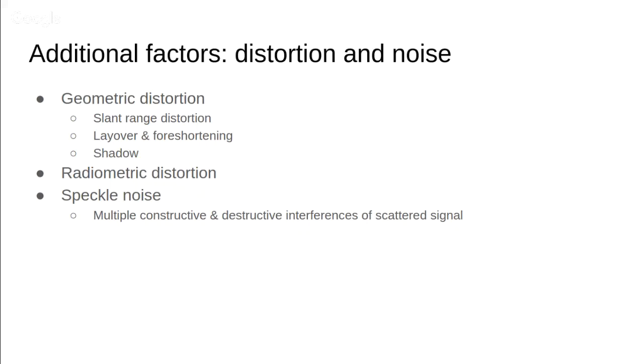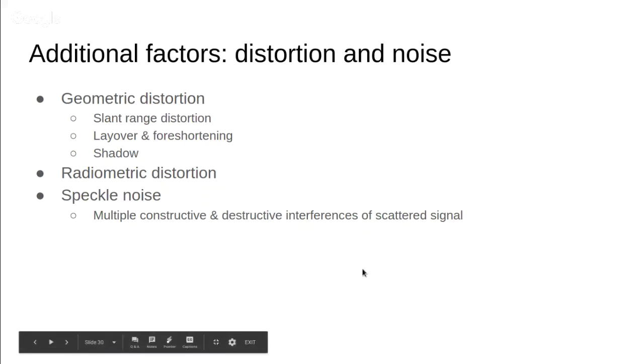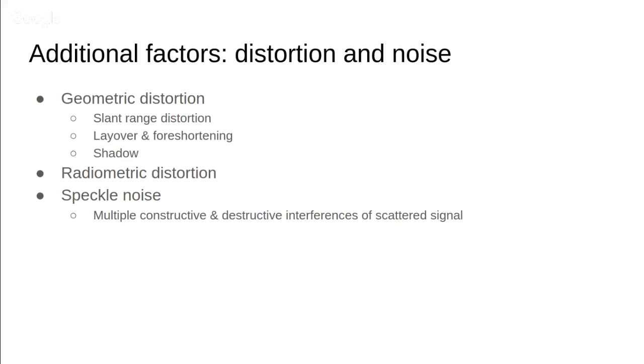Additional factors that determine the signal that is sensed are distortion and noise. Like all transmission and sensing systems, there might be distortions due to the geometrics and the radiometrics of the optical system. Radiometric is basically that the signal might be of different strengths in different parts of the swath.